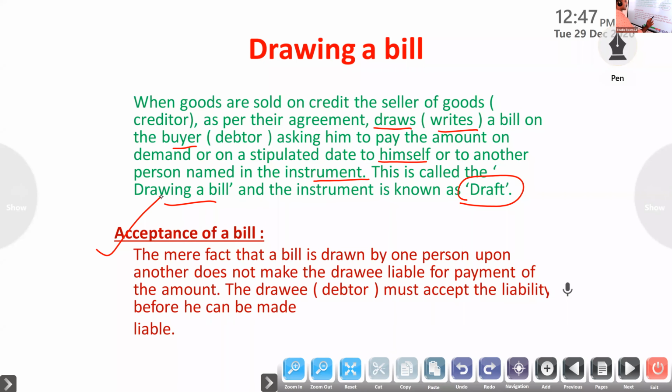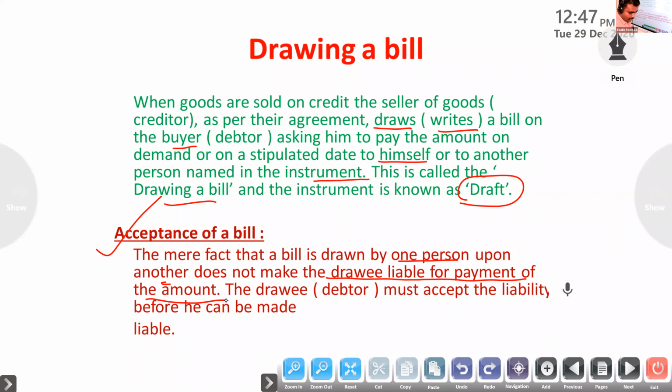A bill drawn by one person upon another does not make the drawee liable for the payment of the amount. Suppose the seller wrote the bill, but it will not be a valid bill of exchange. When will it be a valid bill of exchange?